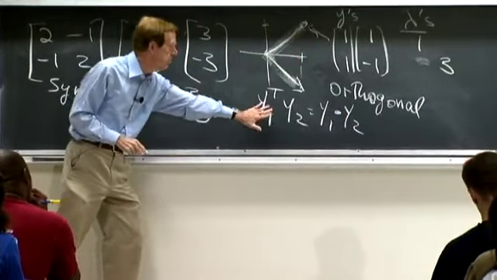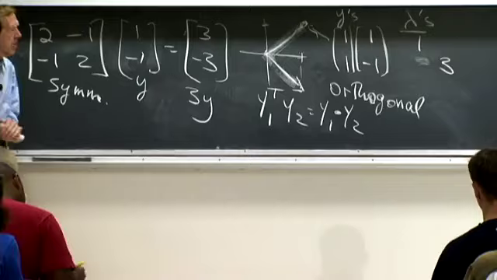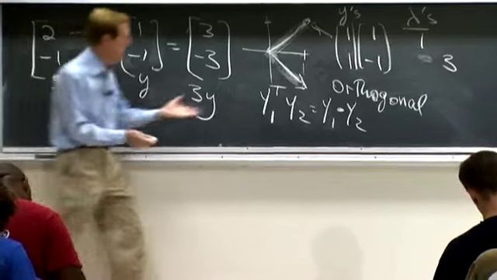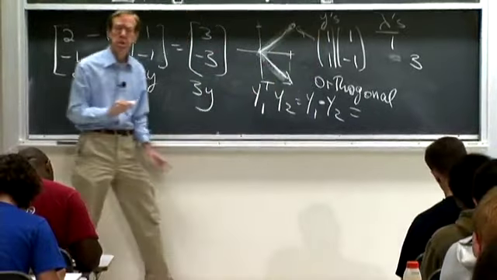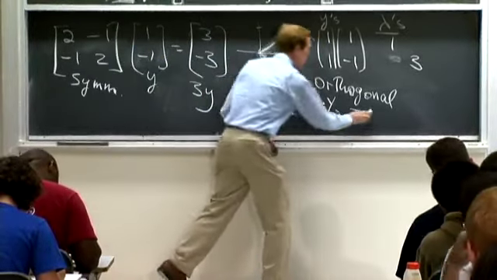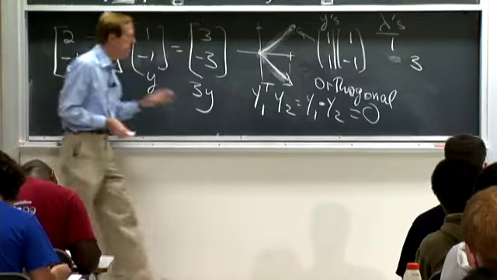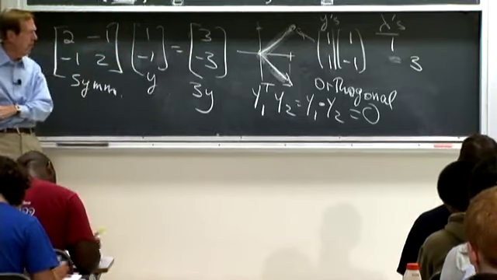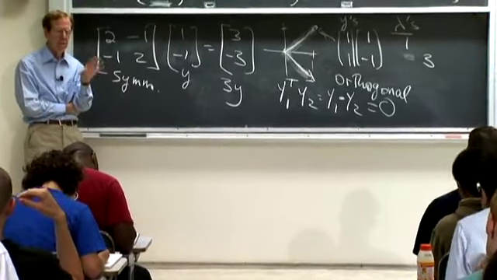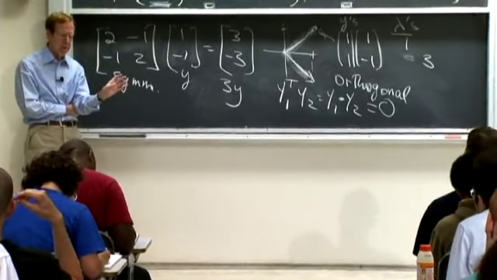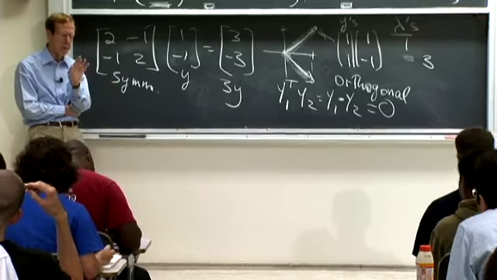This is maybe better because it's matrix notation. And the point is, if they're orthogonal, the dot product is 0. Right, 0. Okay. So that's very good, in fact. So here's a very important fact. Symmetric matrices have orthogonal eigenvectors.